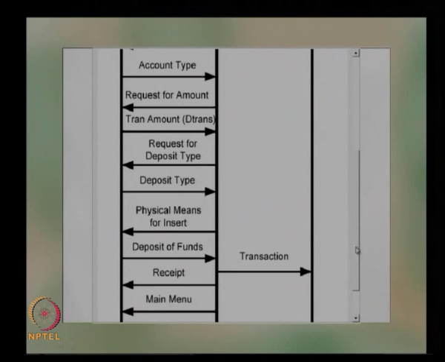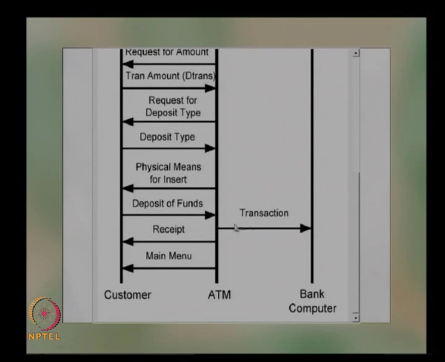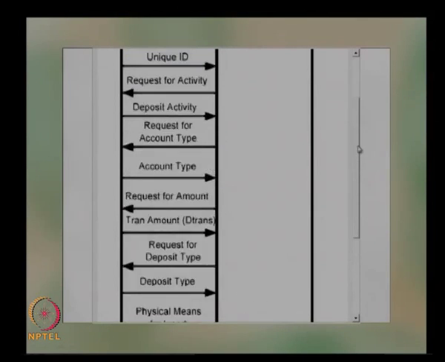The receipt will be provided by the ATM, and the ATM will go back to its main menu, and the customer can choose to have another transaction, or he can leave the place. So these are the activities taking place in one of the scenarios.